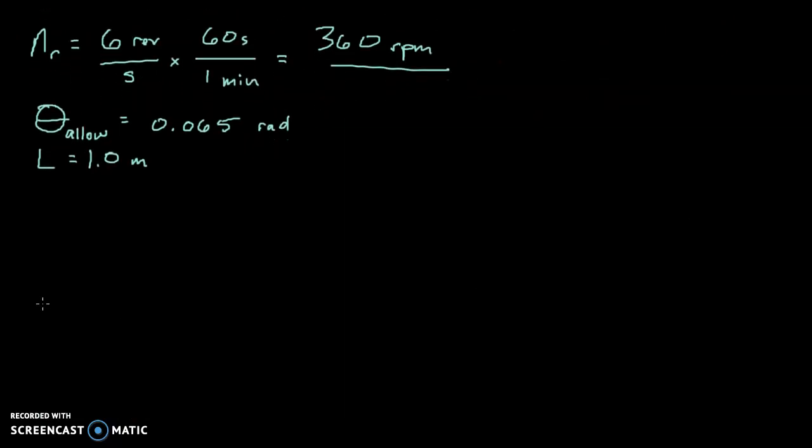So I'm going to scroll down here, and let's take a look at our power transmission formula for metric. The number of watts is equal to 2 pi times our speed, revolutions per minute, times the torque divided by 60.